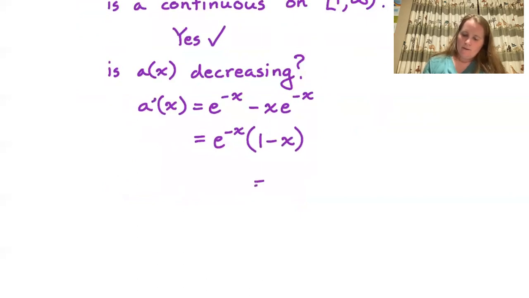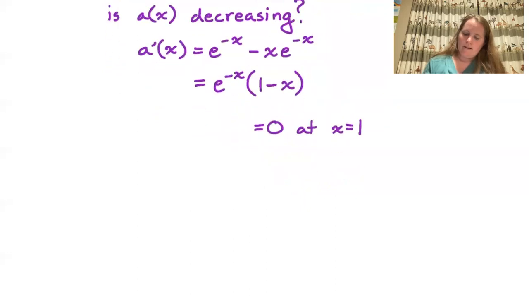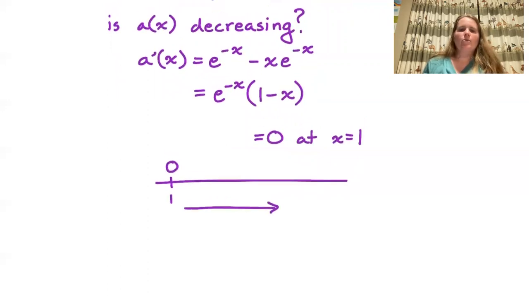This equals 0 at x equals 1. And we're only interested in from 1 to the right. If we plug in a value to the right of 1, we do indeed get a negative number. And so we do have decreasing.